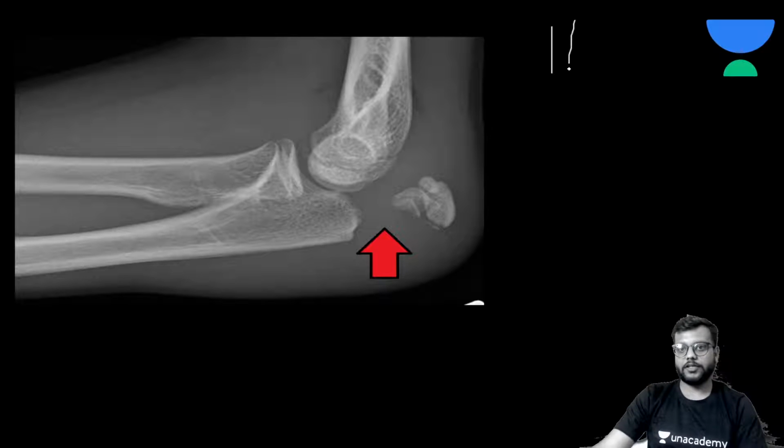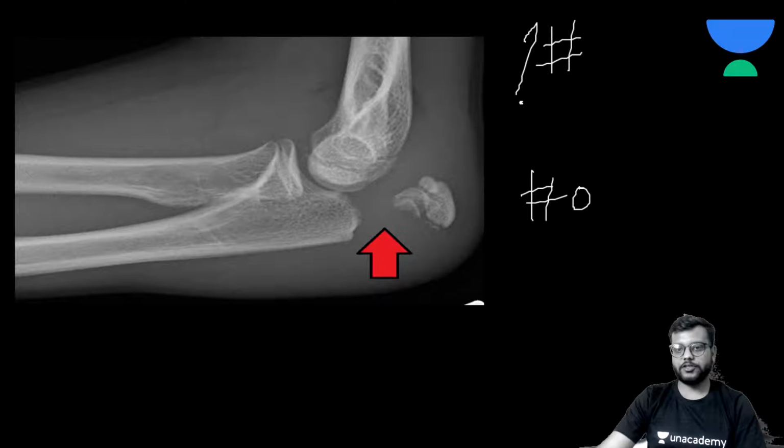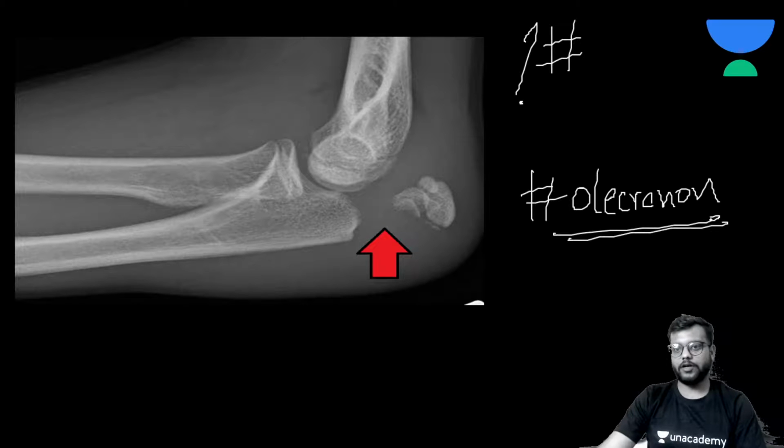Okay, which fracture is this? This is fracture olecranon of ulna, and if it is not displaced or not comminuted, you can go for conservative management by slab.